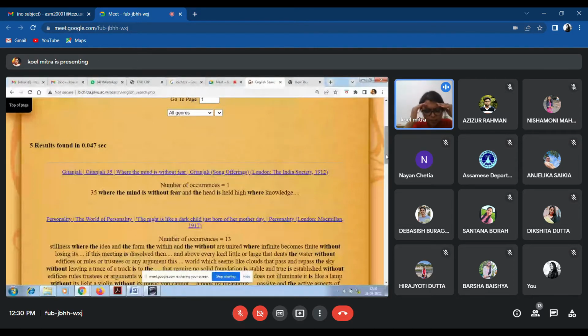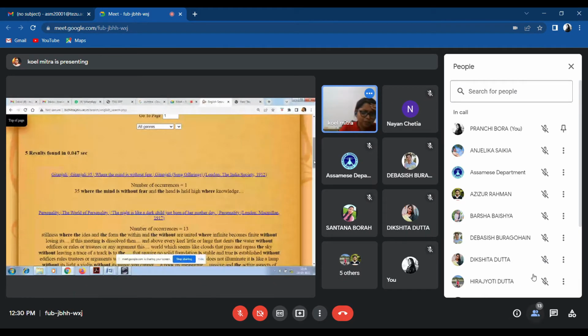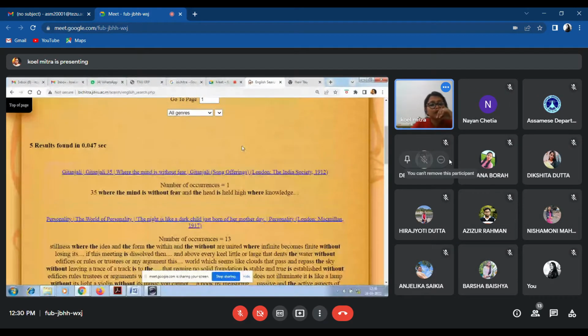Devashish, Pranchi, is Partho sir there? Because I'm not looking there. No, ma'am. He's not. You will have to talk to Partho sir probably to develop this. This is easy to develop. But once you develop, you get accurate results in less than 1 second. This result was fetched in less than 1 second.